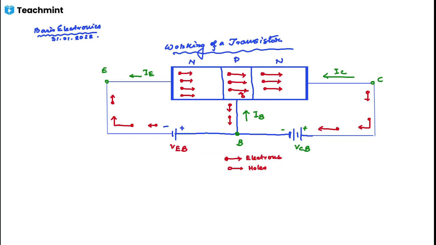The forward bias voltage is small and the reverse bias voltage VCB is quite large. The forward bias on the emitter base junction pushes a large number of free electrons in the n-type emitter. You can see here, I am talking about this.